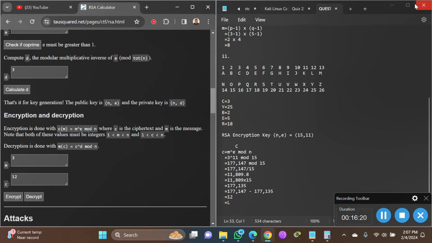Okay, so from the word cyber, we have this other letter which is Y. So we say Y. Then we have this formula used for encrypting like that.